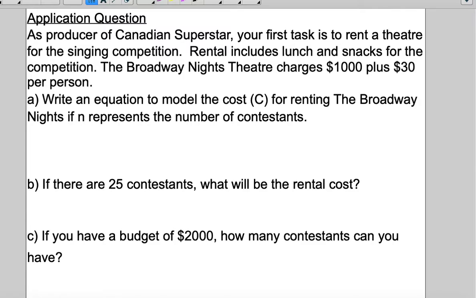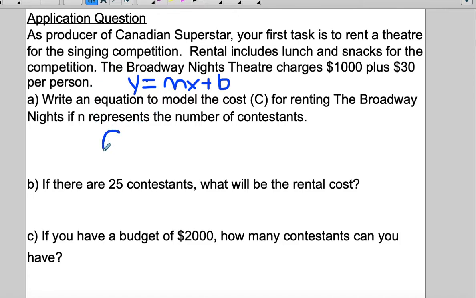So we're going to write an equation in the form of y equals mx plus b. So in terms of cost, so cost becomes our y.